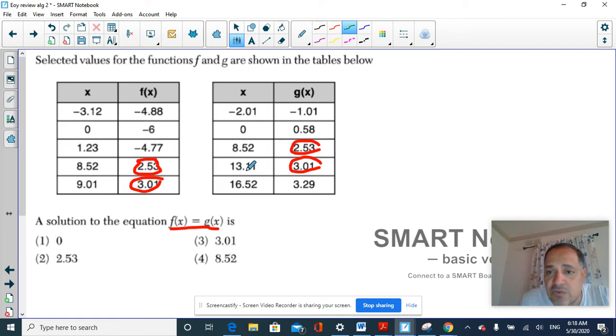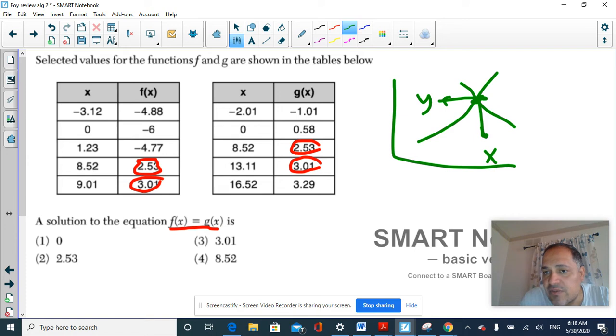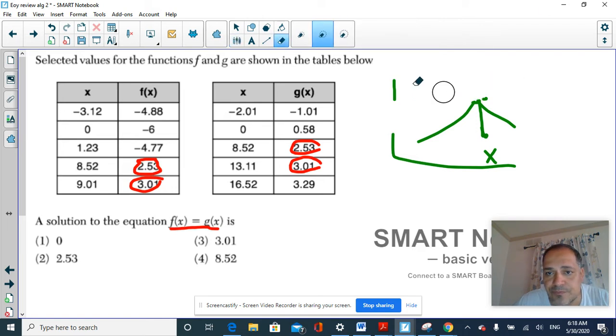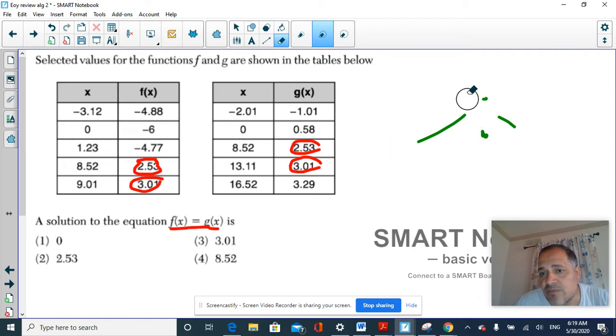Because if you want to find the solution, it means that if we graph both equations, they have a point of intersection. It means the value of x and the value of y must be the same. Okay, this is a solution. Point of intersection. Again, if you have two functions and you graph both, the solution is the point of intersection of both functions.